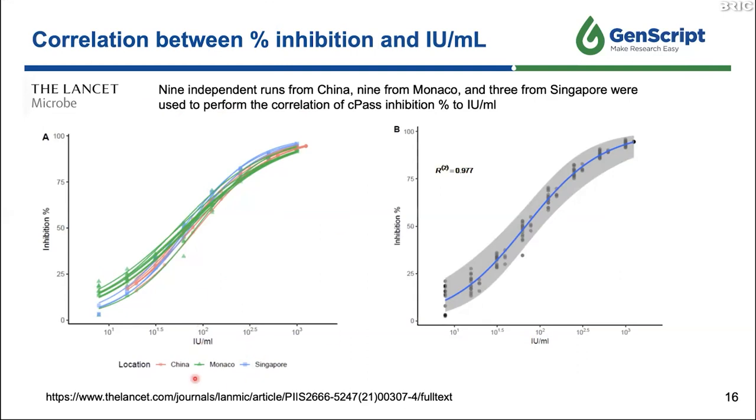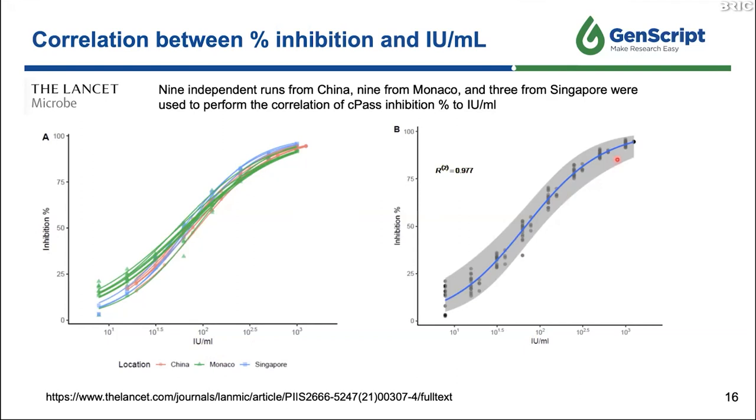In this study, using the WHO international standard as the calibrator, it is shown that the correlation between the percentage inhibition and the IU per ml is very high. And we observe a very consistent trend for the 9 independent runs conducted in different regions.